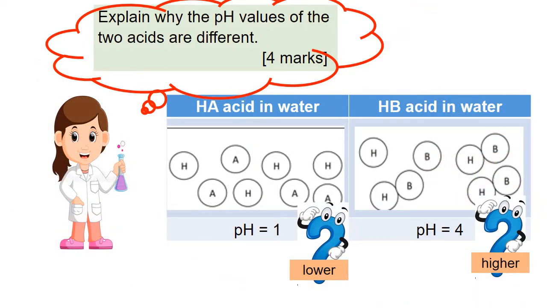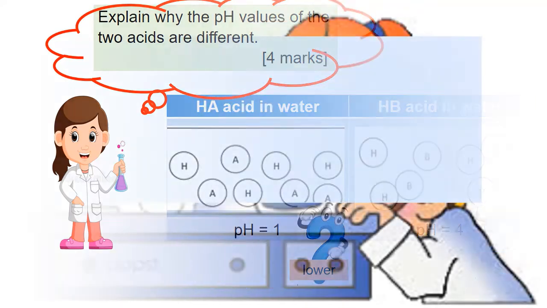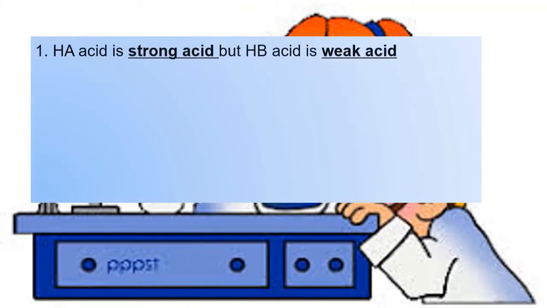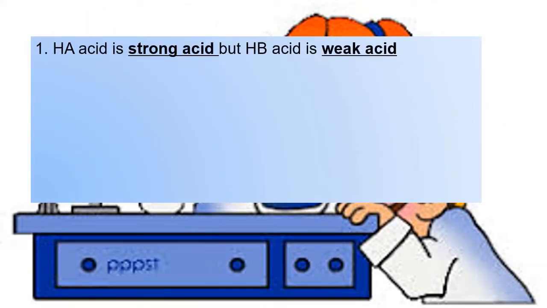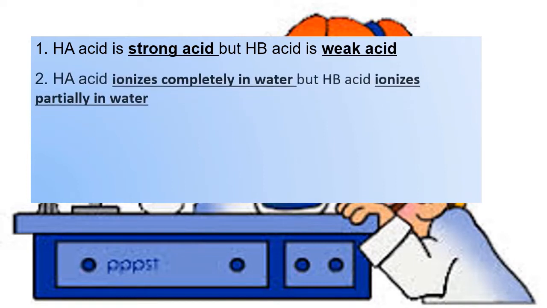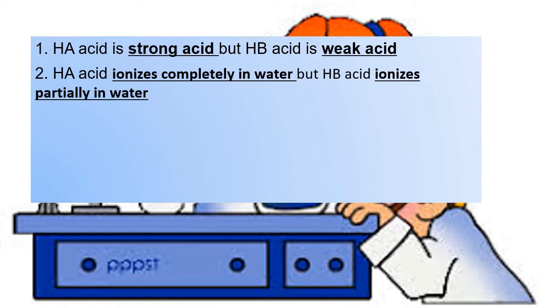Explain why the pH values of the two acids are different. HA acid is a strong acid, but HB acid is a weak acid. HA acid ionizes completely in water, but HB acid ionizes partially in water.